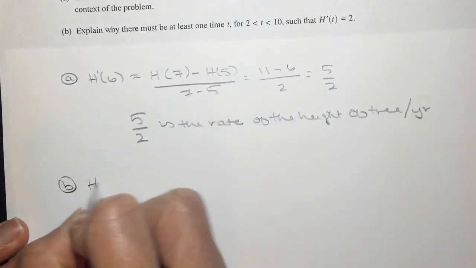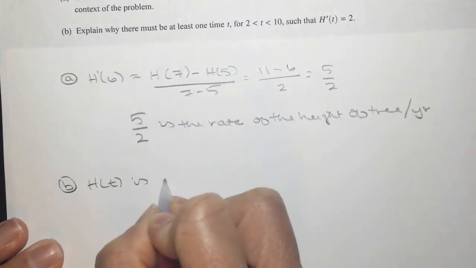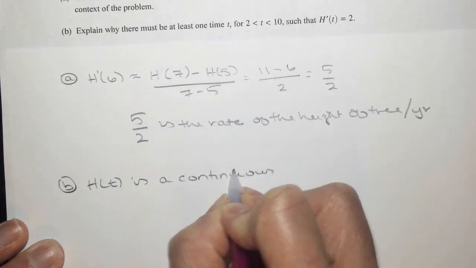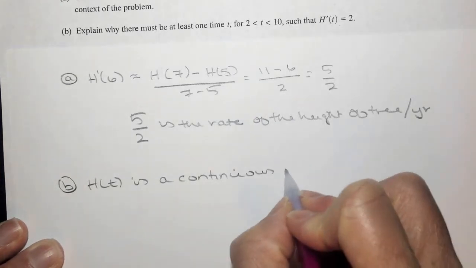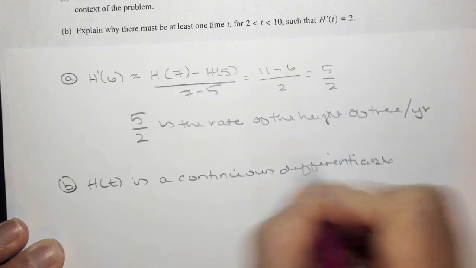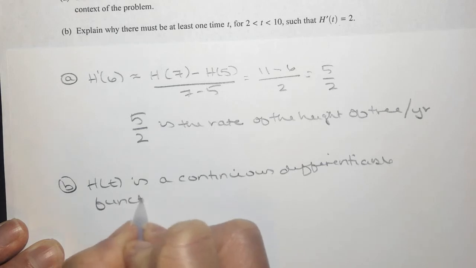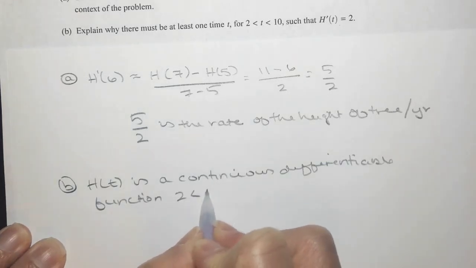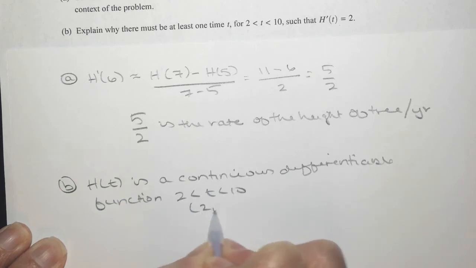So we would say that h of t is a continuous differentiable function, and it must be stated on the time interval from 2 to 10.